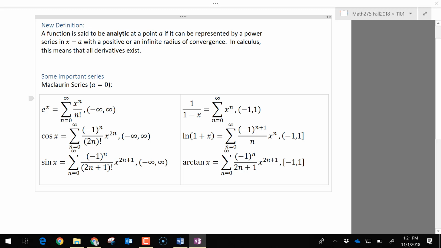So the left side has the e to the x, and the right side has the cosine and the sine. This first one is sometimes called a geometric series. And then here are a couple of other results that come from the geometric series.